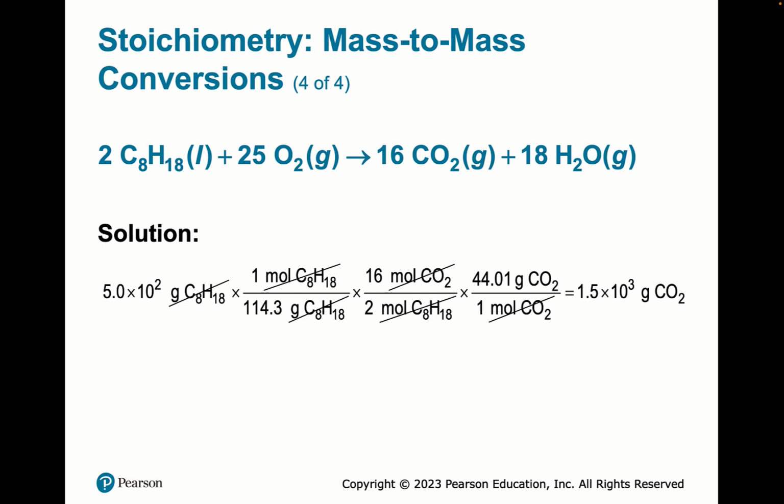Then you can see the units cancel, and then the molecular weight of carbon dioxide, and we're left with 1,500 grams of carbon dioxide as the answer. Again, the step that students usually have a hard time with is the ratio between carbon dioxide and octane. This is the one that students find the most confusing. But you get that from the balanced chemical equation.